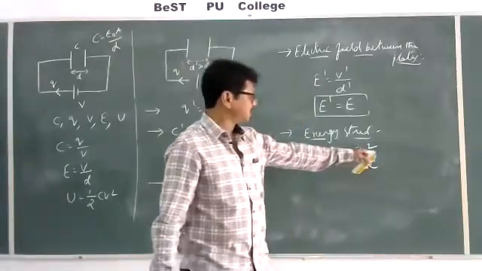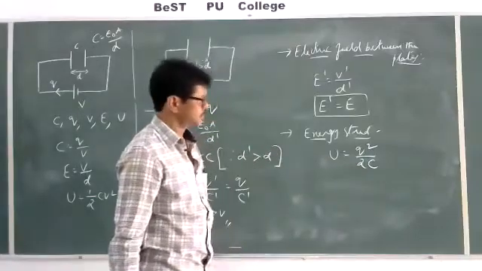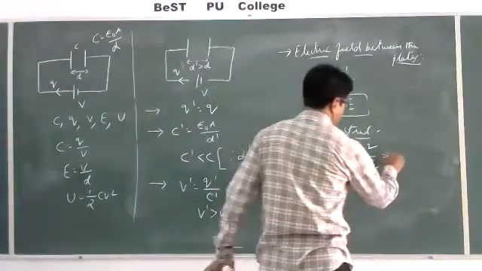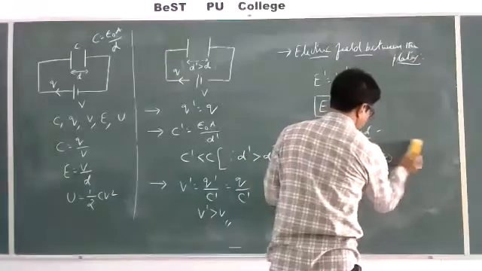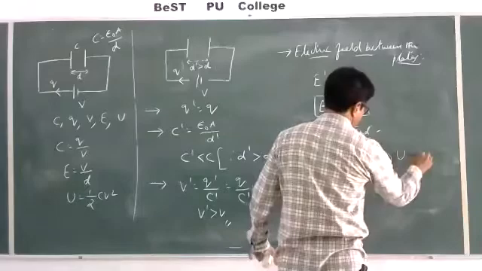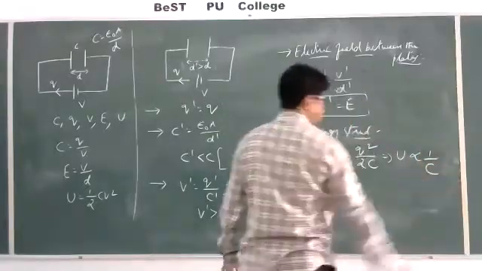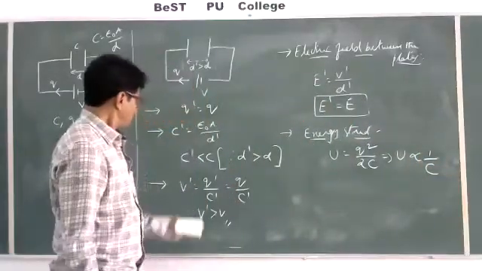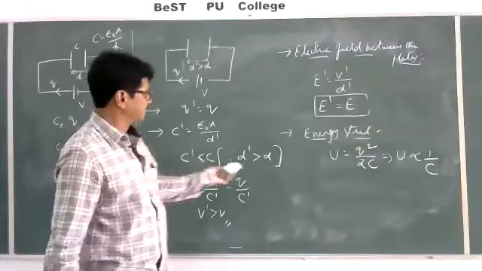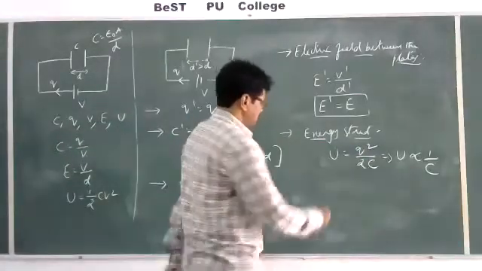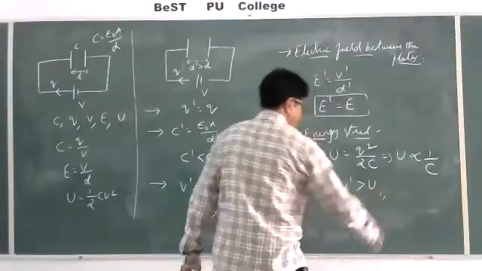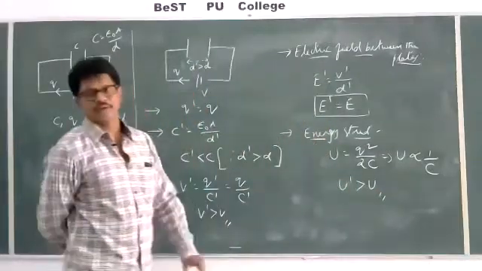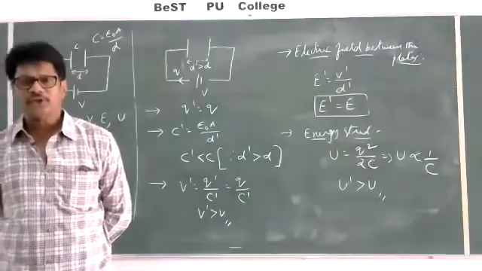Here the charge remains constant, so U is inversely proportional to capacitance. As the capacitance decreases, energy stored increases. U dash is greater than U.